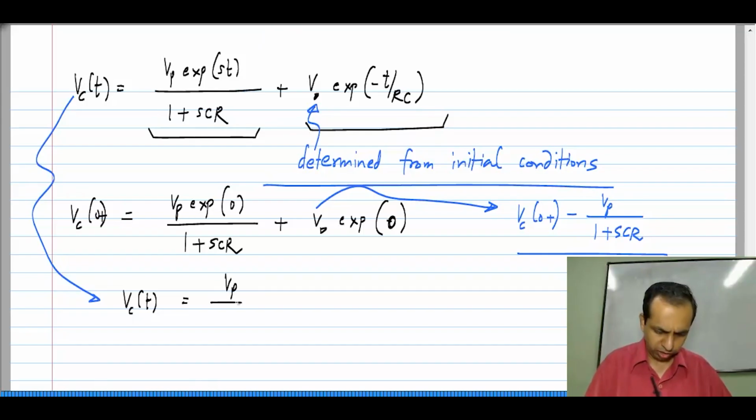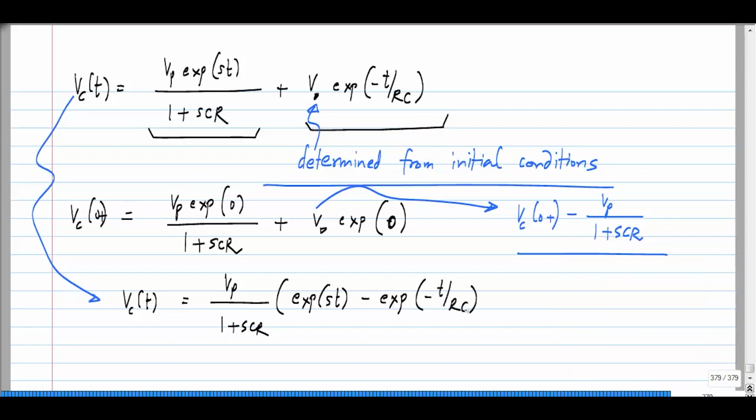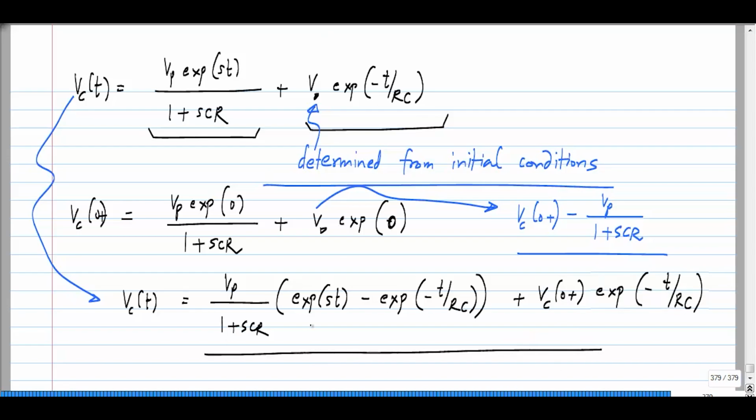So, Vp by 1 plus SCR times exponential St minus exponential minus t by RC, plus Vc of 0 plus. So again, this is still undefined for SCR plus 1 equals 0. So to overcome this difficulty, what we will do is to take the limit of SCR plus 1 going towards 0.